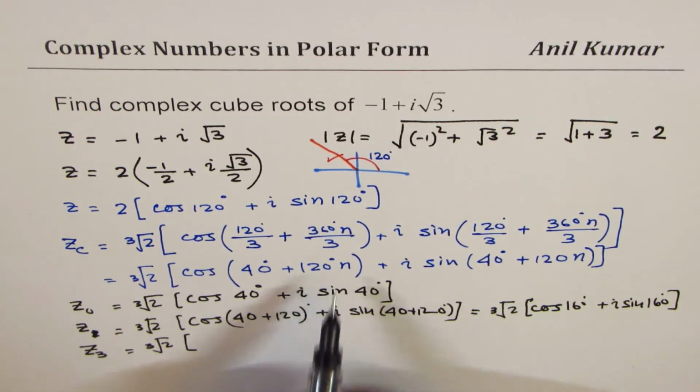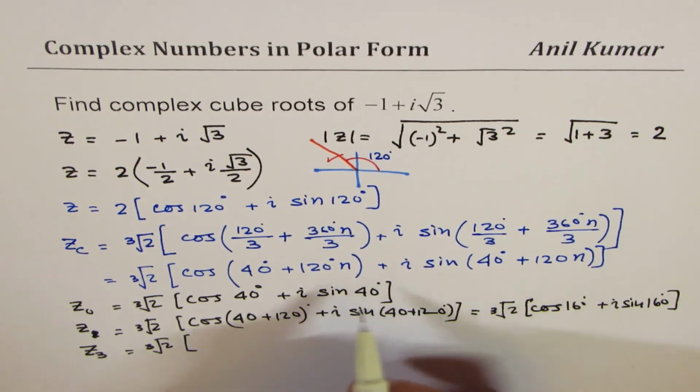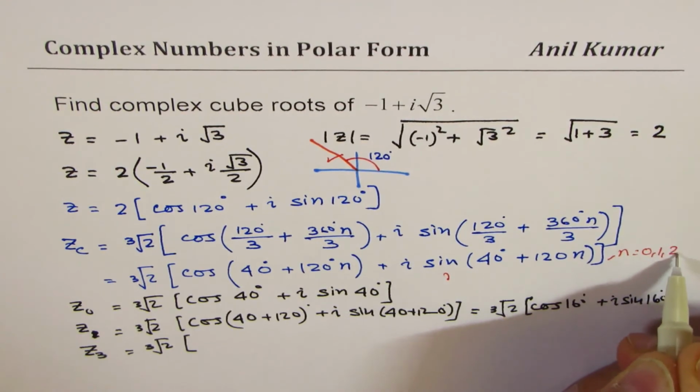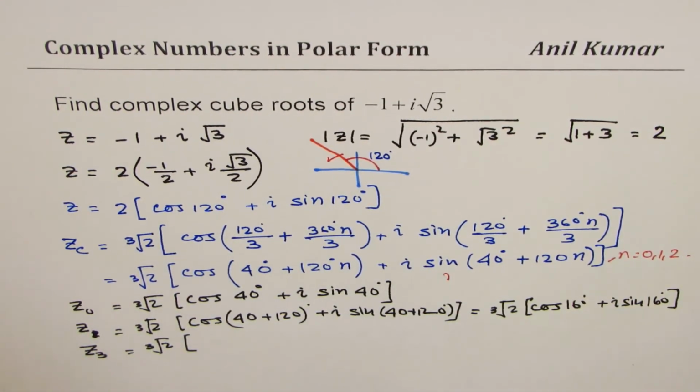So what we are doing here, for different roots, we are replacing n by 0, 1 and 2. So cube roots will be 3.